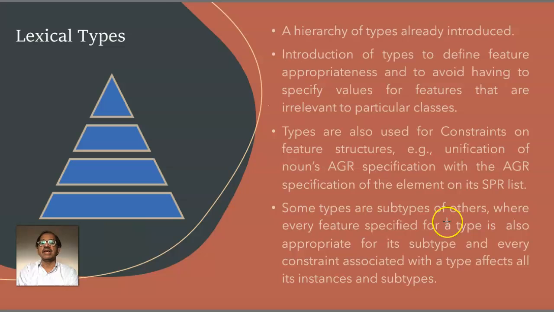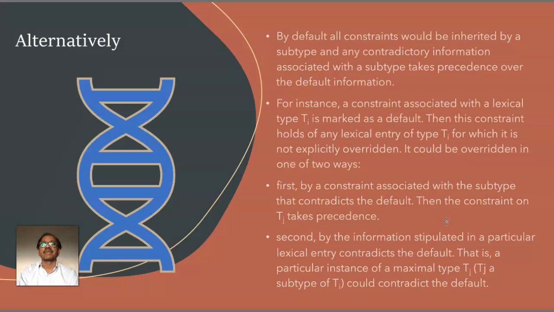But alternatively, we have something else. Let's say all the constraints inherited by a subtype are default. By default all constraints would be inherited by a subtype, and any contradictory information on the subtype should take precedence over the default information.